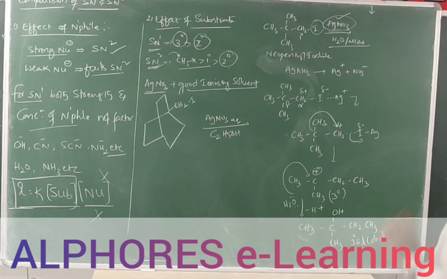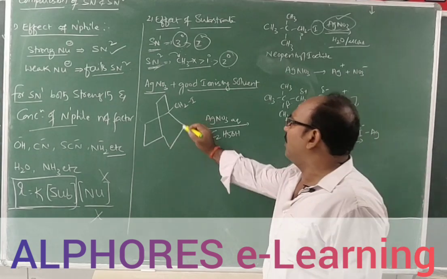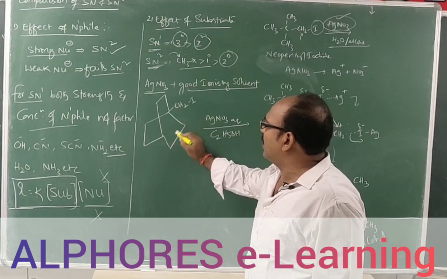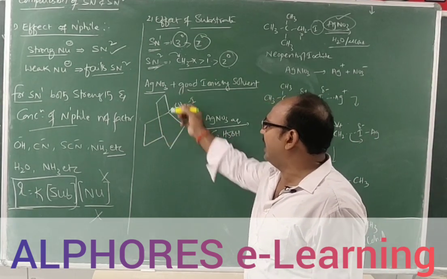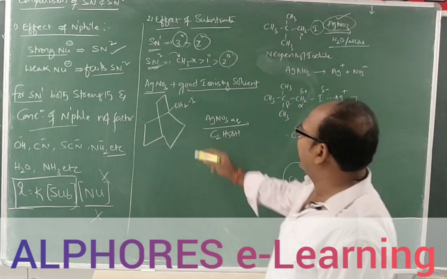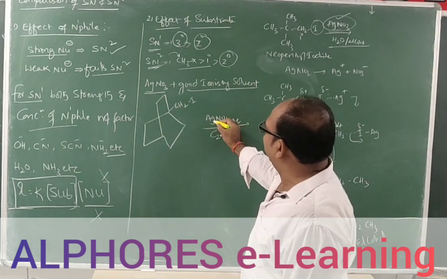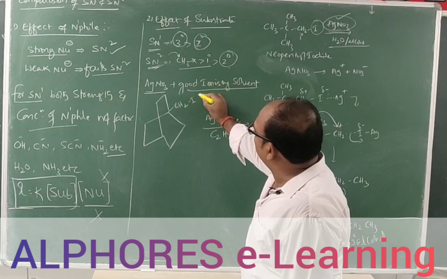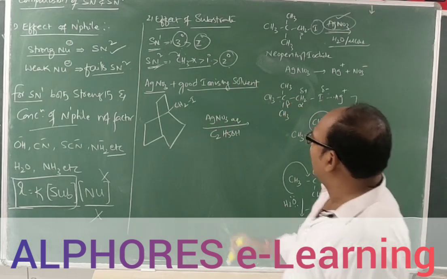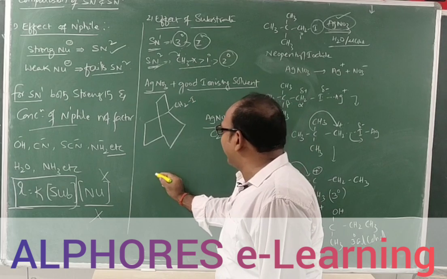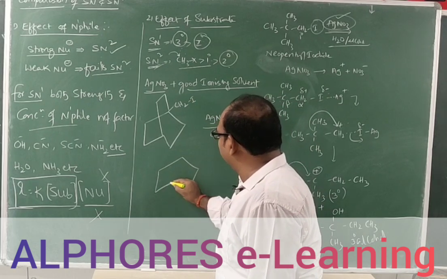Similar to that, here if you observe a bicyclo compound, with a 6-membered ring, 1, 2, 3, 4, 5, 6, and an 8-membered ring, 1 to 8, and this CH2I. Here also Ag plus prefers to combine with the iodine leaving group, and we get carbocation character like this.